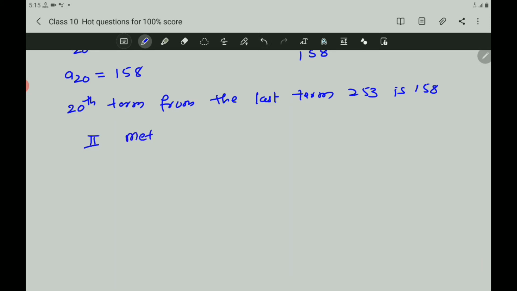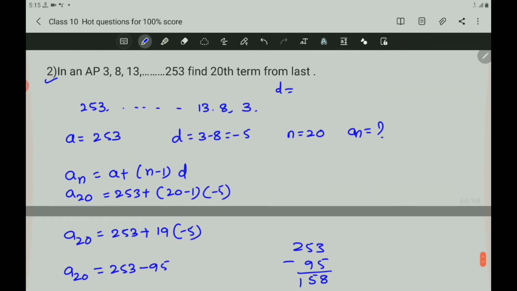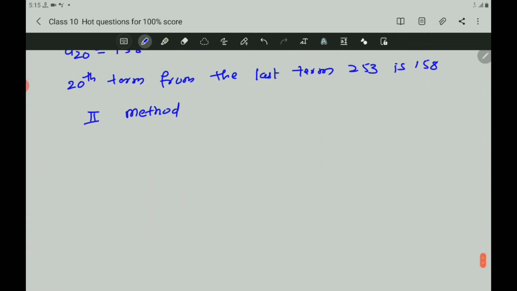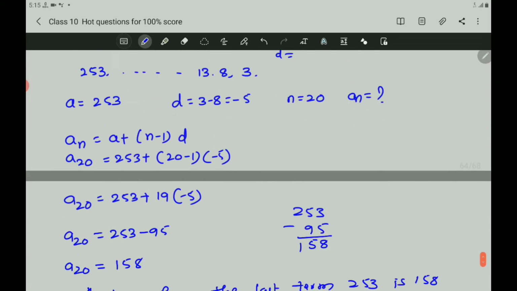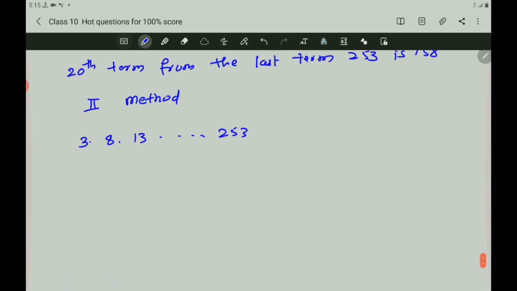Alternate method you can use here, taking the series as it is, 3, 8, 13, and so on up to 253. Here the formula starting from the last term L is a_n equals L minus (n minus 1) into d.